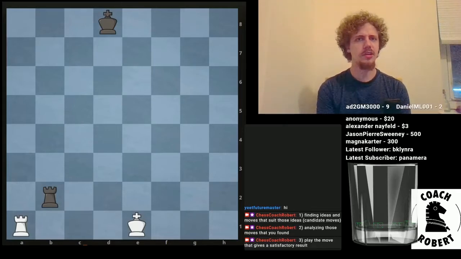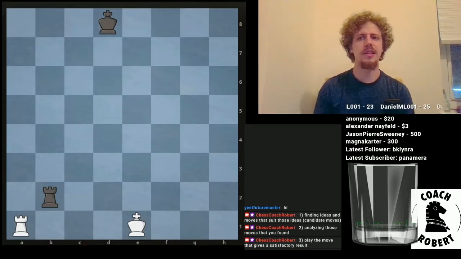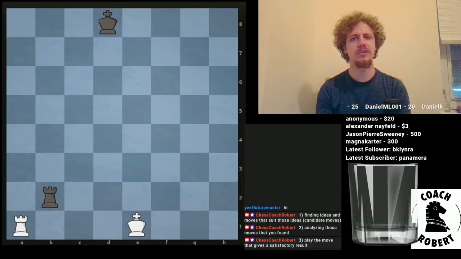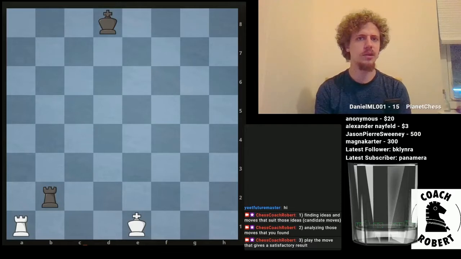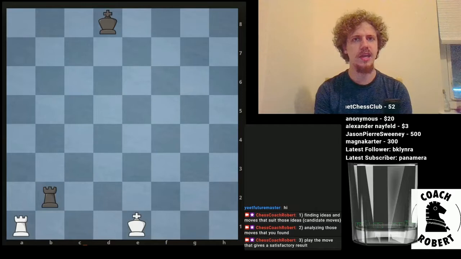So it's important to consider all moves that are relevant, but of course not every single move. Like I said in my description a second ago, you need to find ideas and moves that fit those ideas. That's why we don't play chess analytically, where we just look at every single possible move and decide what to do based on that. We narrow it down to moves which have some common sense behind them.